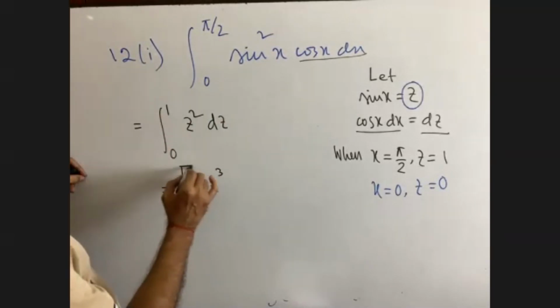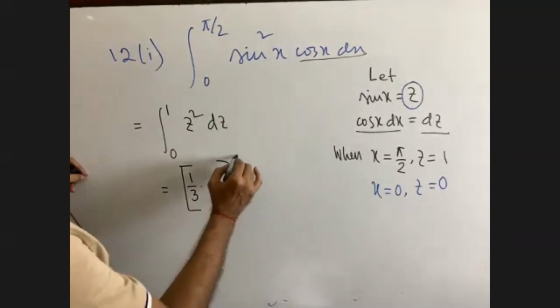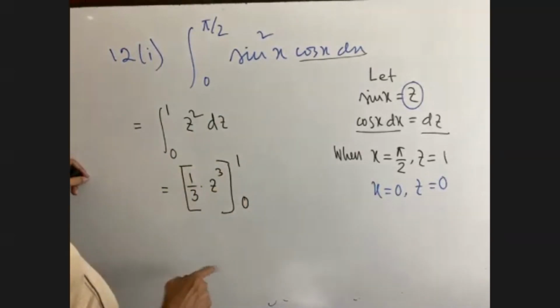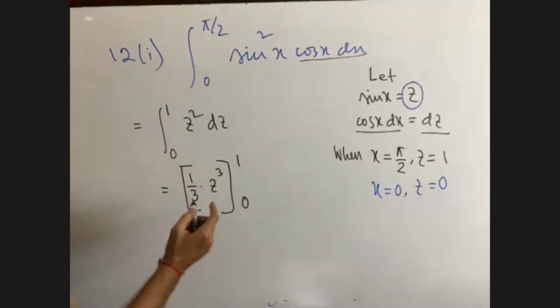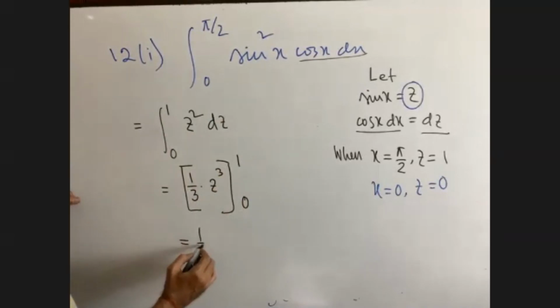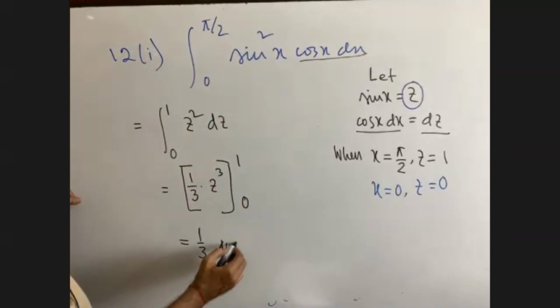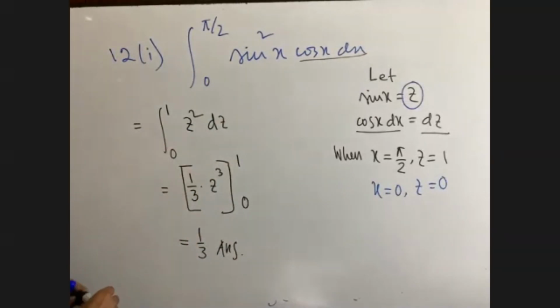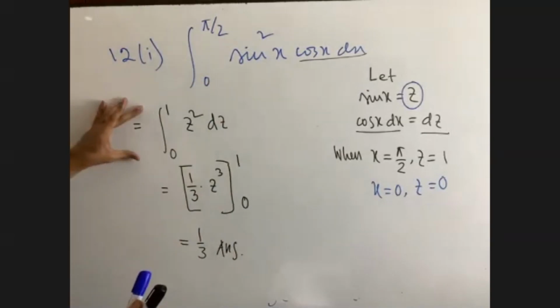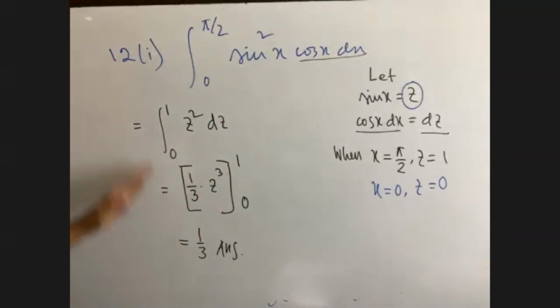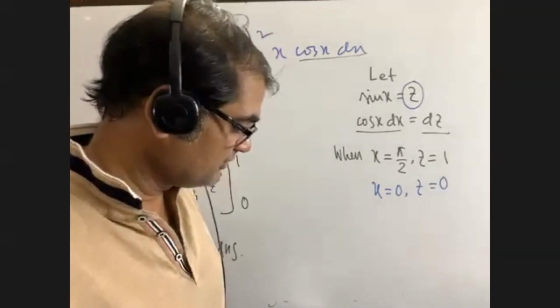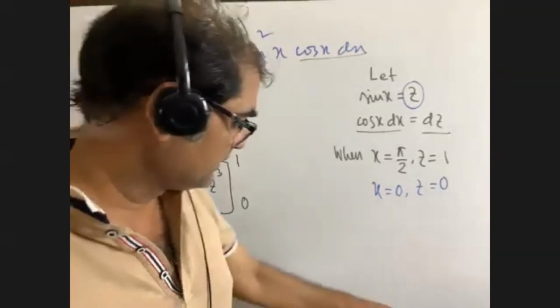So we can write like this: 1, 0. For 0, everything is 0. So we are getting only 1 by 3. 1 cube means 1. It is our answer. Actually, our math is very small, okay? And we have to do all other maths on the basis of this math.